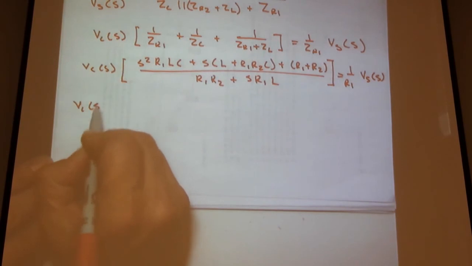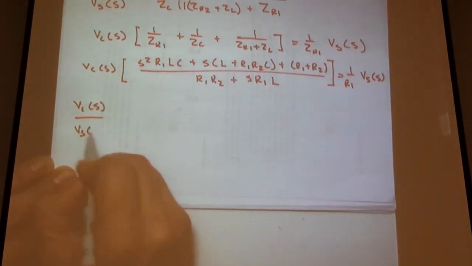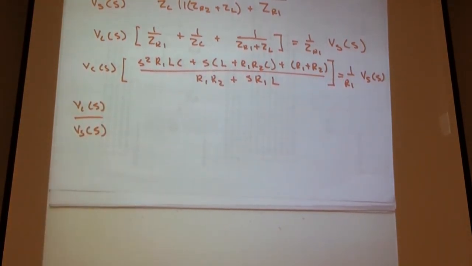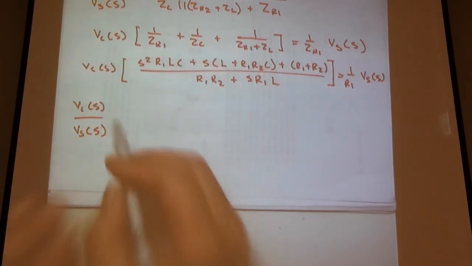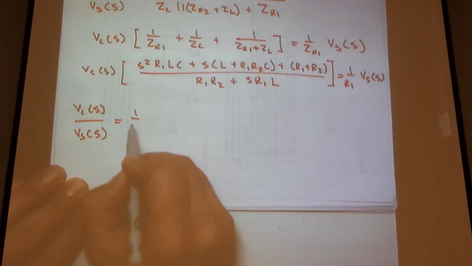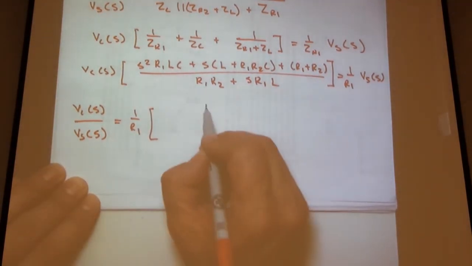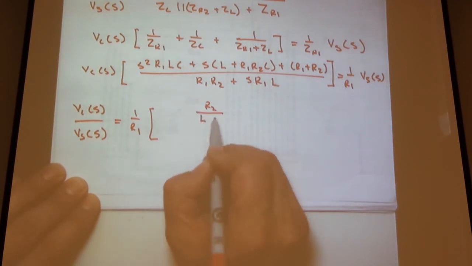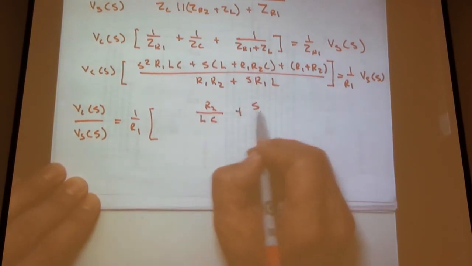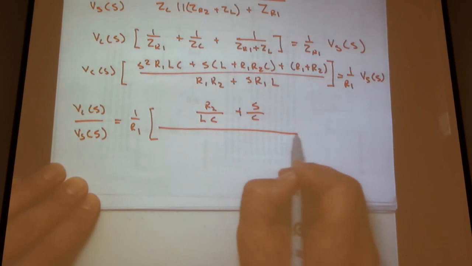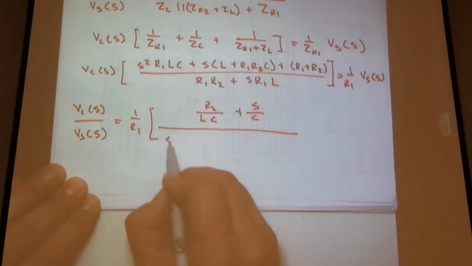We want V source of S, V capacitor of S over V source of S. To get our transfer function, again, we can do a little bit of manipulation. We wind up with 1 over R1 or 2 over LC plus S over C in the numerator, and then an S squared.